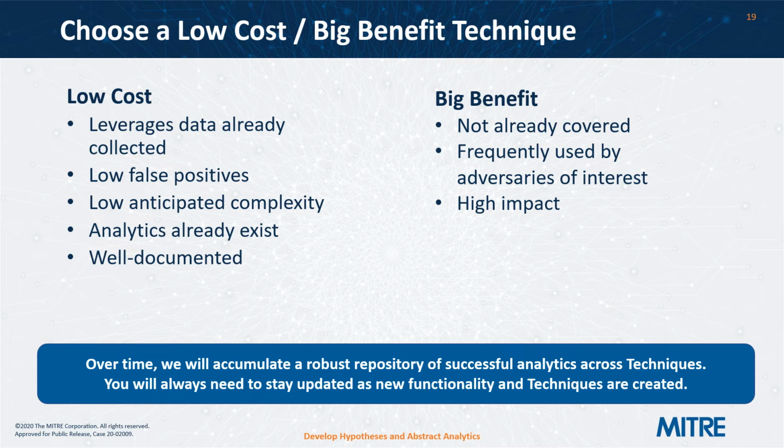You'll have to think this through for your situation and find a good balance between these characteristics to determine how to focus your efforts. For this course, we've chosen the scheduled task job technique as it is commonly used and provides good material for exploring the different aspects of this methodology.